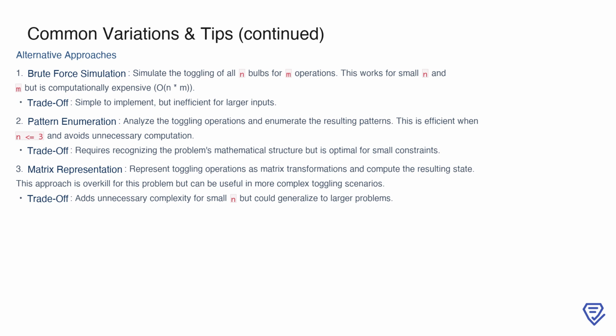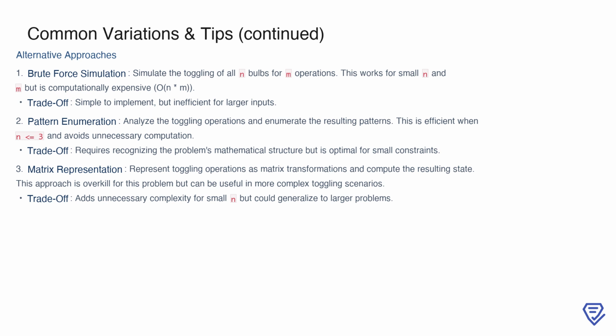Another option is pattern enumeration, where you analyze the toggling operations and directly enumerate the resulting patterns. This method is particularly efficient when n is 3 or less, as it avoids unnecessary computation by leveraging the problem's mathematical structure. While it requires a bit more insight into the problem, it's optimal for small constraints.